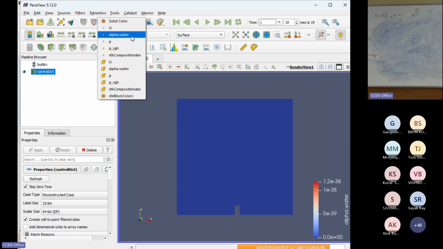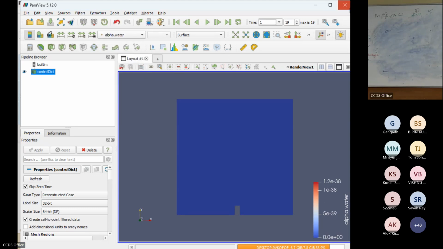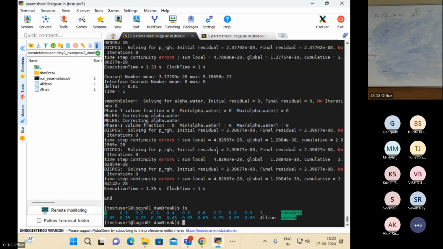Set fields. Yeah, I'll run it again actually.